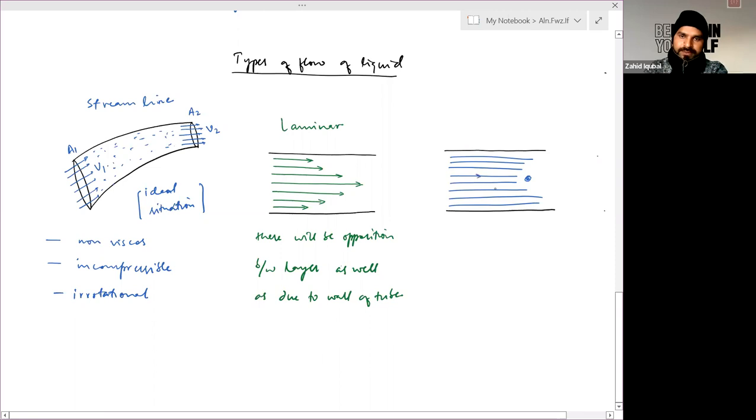So this layer, on striking this object, may get stopped, and a vacuum or space is created just after it. So the side layer of liquid on reaching this point may enfold and form a circular shape, which is also called eddies formation. This type of flow of liquid in which there is formation of eddies is called turbulent flow.